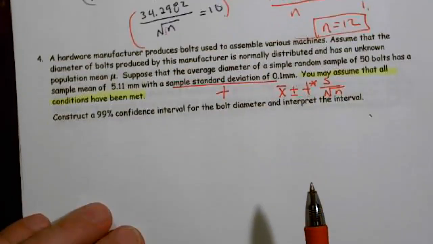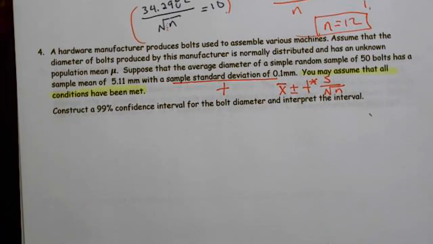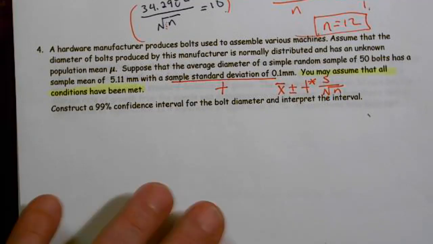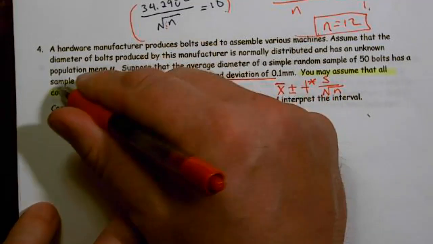All right, number 4. A hardware manufacturer produces bolts used to assemble various machines. Assume that the diameter of the bolts produced by this manufacturer is normally distributed and has an unknown population mean. Suppose that the average diameter of a simple random sample has a sample mean. Oh, that's a key phrase, sample mean.